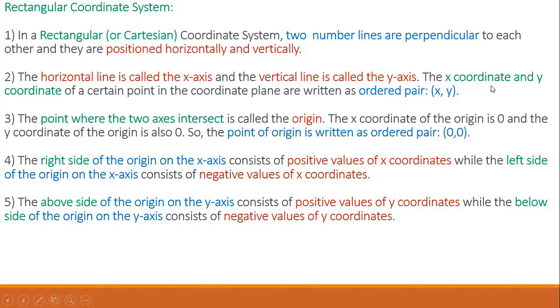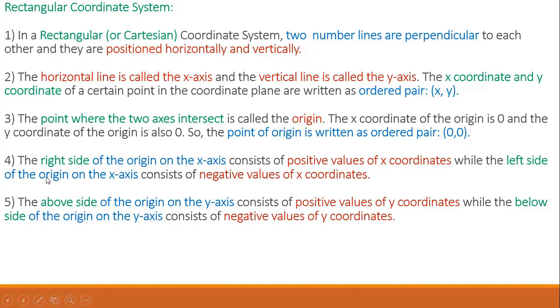The x-coordinate and y-coordinate of a certain point in the coordinate plane are written as ordered pairs (x, y). The point where the two axes intersect is called the origin. The x-coordinate of the origin is 0 and the y-coordinate of the origin is also 0. So the origin is written as the ordered pair (0, 0).